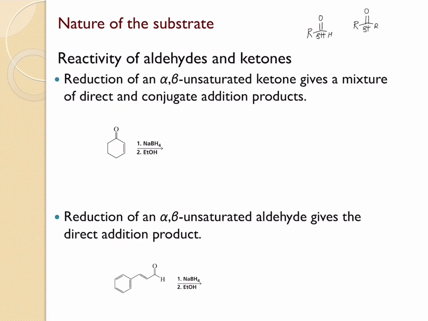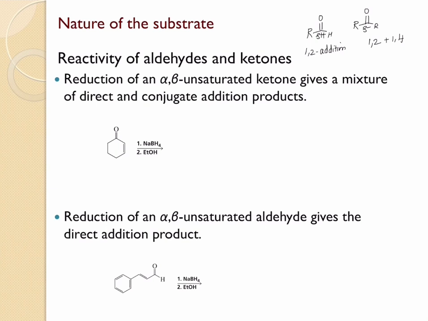So this carbon right here in aldehyde is more electrophilic than what you see in the case of ketone. And therefore, in the case of aldehydes, you'll get more of the direct addition product, which is the 1,2 product. Whereas in the case of ketones, it would be a mixture of 1,2 addition and 1,4 addition.